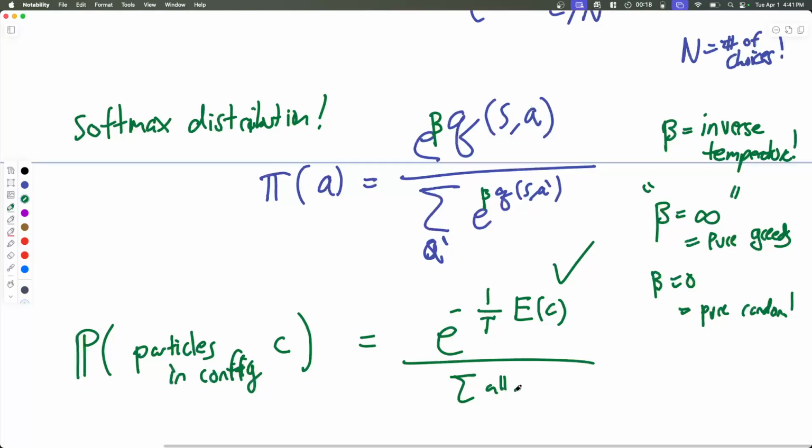If you're in a really hot hydrogen, it's going to do all sorts of crazy stuff. Really cold hydrogen will just sit there in the lowest energy state forever. And people sort of borrowed that and turned it into machine learning. So yes, that's why people call it inverse temperature. They didn't just make up a wonky name for no reason.